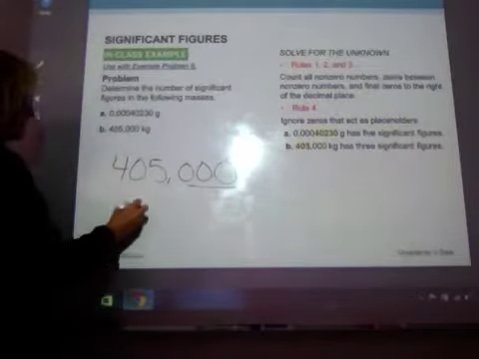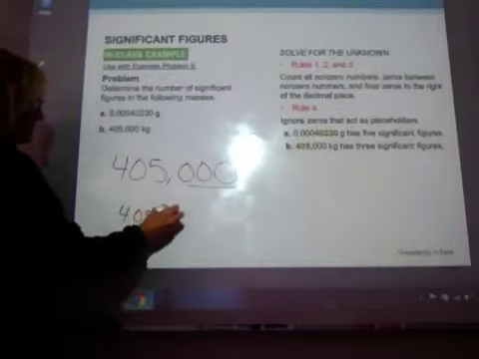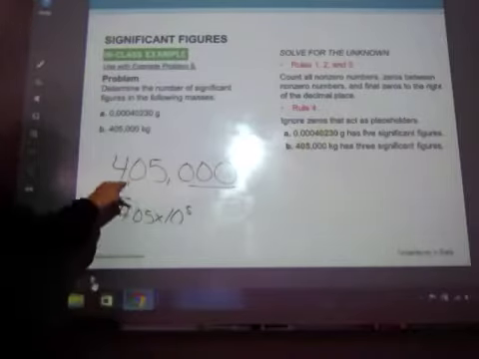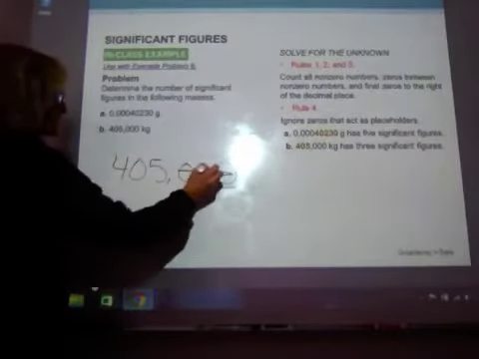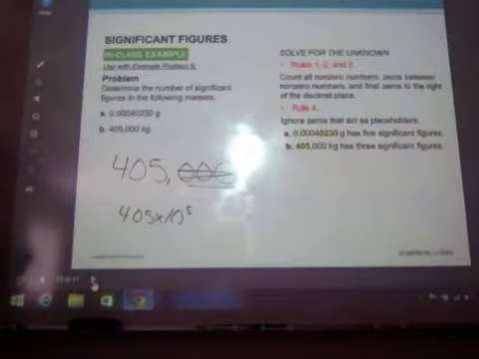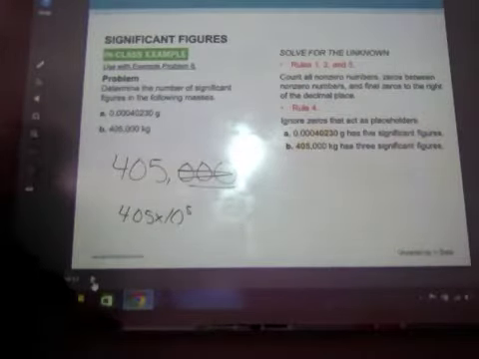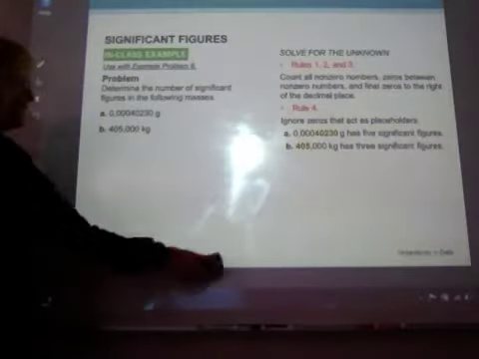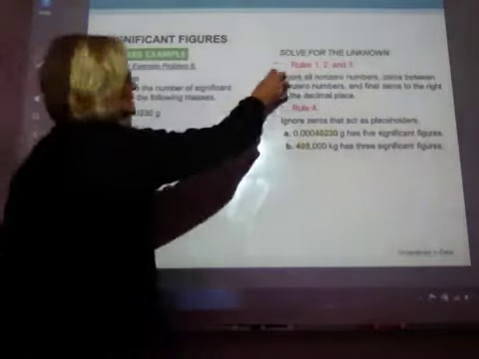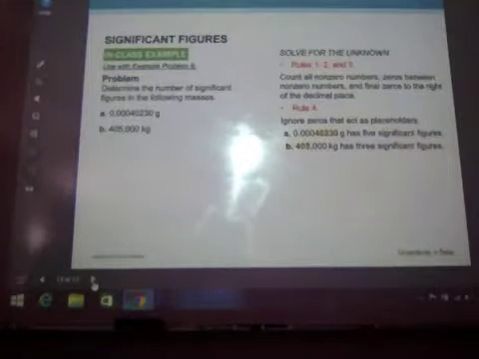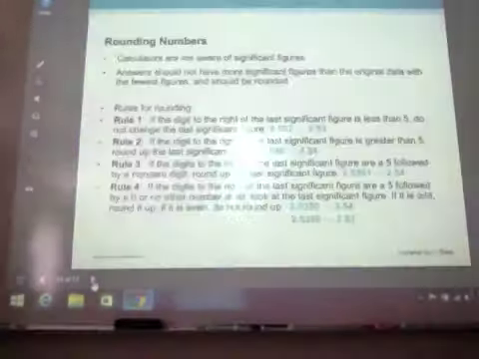I would write this 4.05 times 10 to the 5th. I have 3 significant digits. If there's not a decimal, the zeros at the end do not count. And this is in your notes. The steps are over here to show you what counts and what does not count.